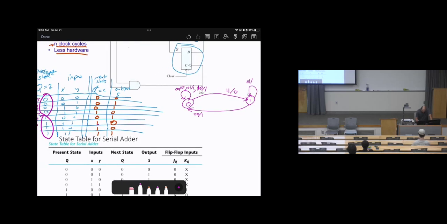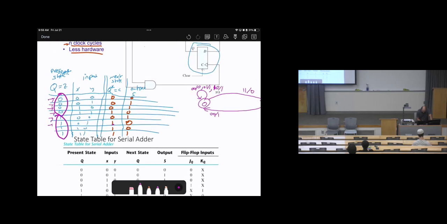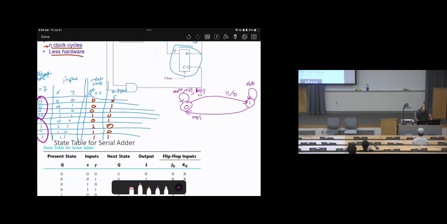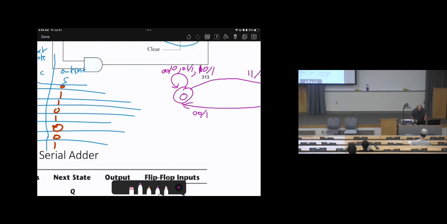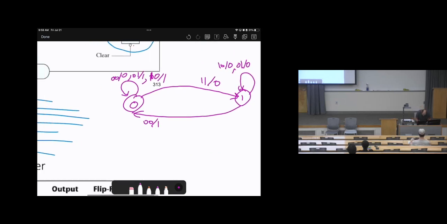If the input is 10, we will remain at 1 and the output is 0. Then I can write it here. Then the last one, if the input is 11, we will remain at 1, but the output will be 1. So I can write it here, 11, and the output will be 1.